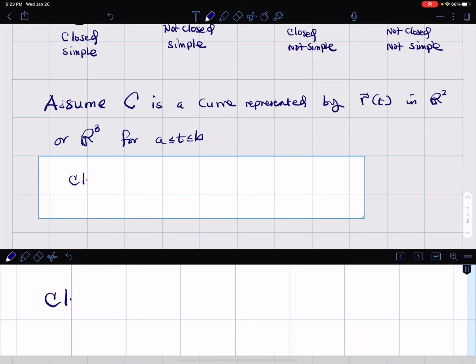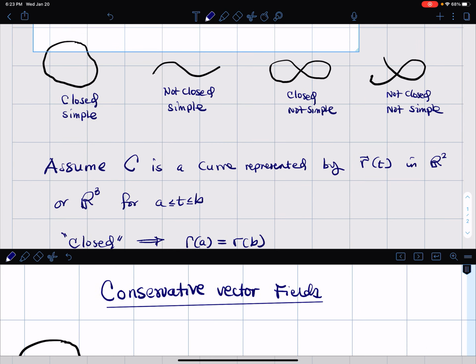The word closed implies that r(a) is equal to r(b). What do I mean?